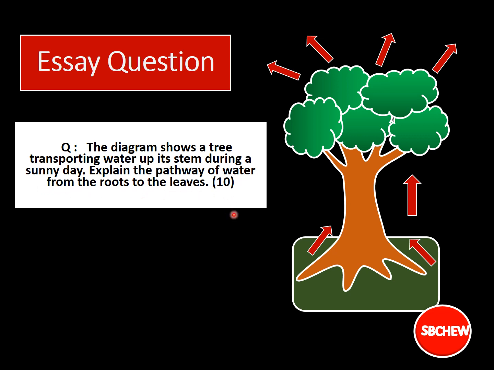In this essay question, we have to explain the forces and processes that are responsible for helping the water move from the roots to the stems and then to the leaves. And we'll also be talking about the process of transpiration that creates the force called transpirational pull. So this is quite a popular exam question.